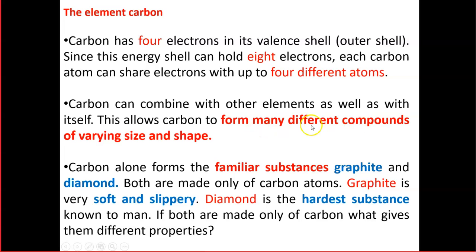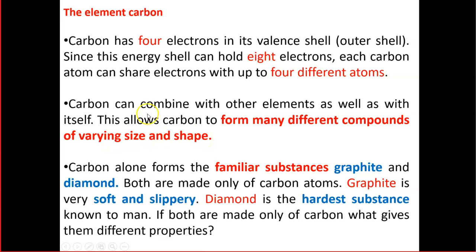That is why you have to study different compounds of carbon, different structures of carbon. This allows it to form different compounds of varying size and shape, so depending upon shape, you have to study different structures. Why does carbon have varying size and shapes?